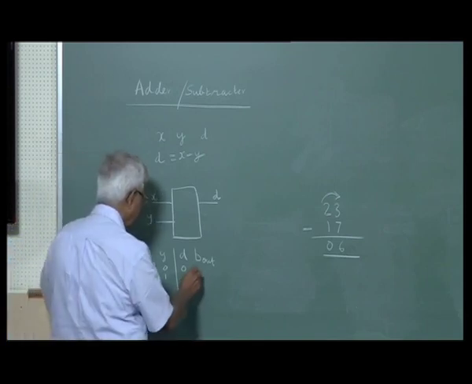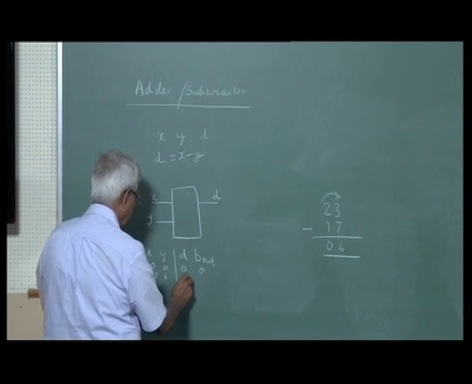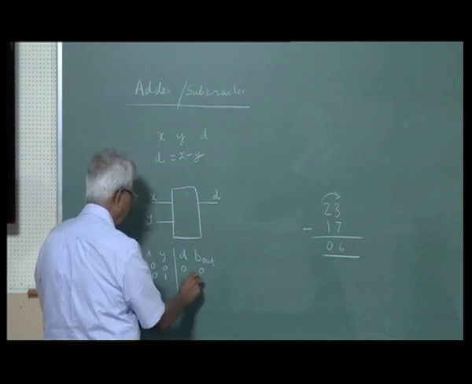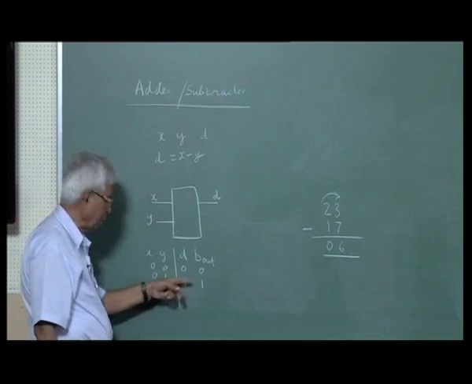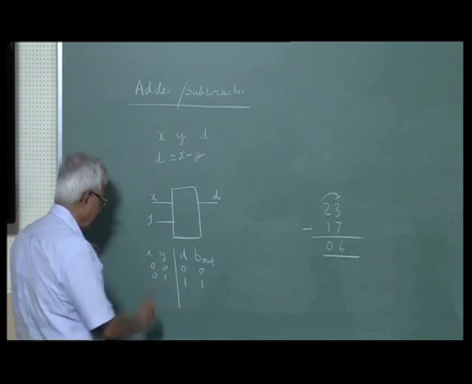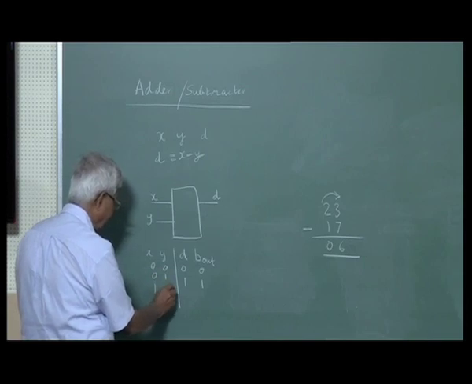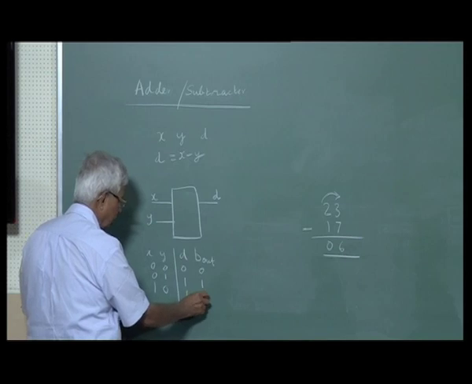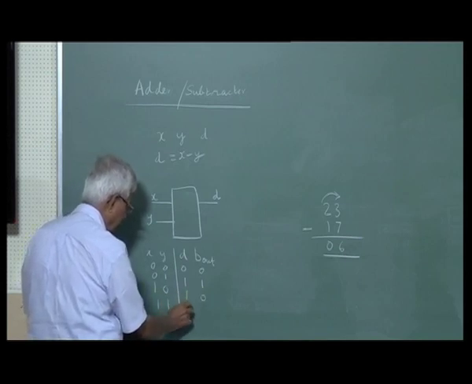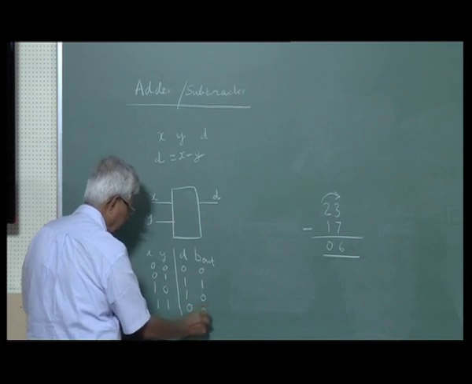So 1, 1. When I borrow, this becomes 2. 2 minus 1 is 1 and the borrow is 1. 1, 0, no problem, because x is greater than y, no borrow. 1, 1 also no problem because this is 0, no borrow.